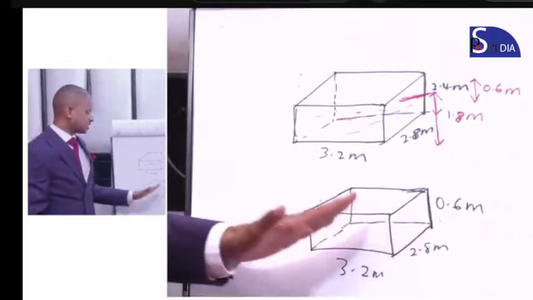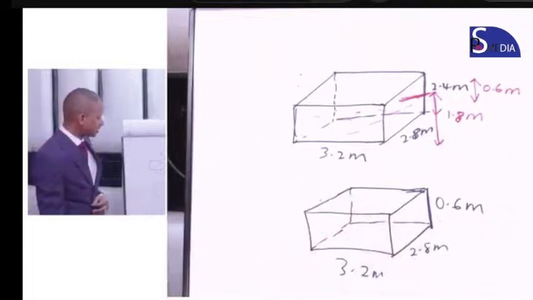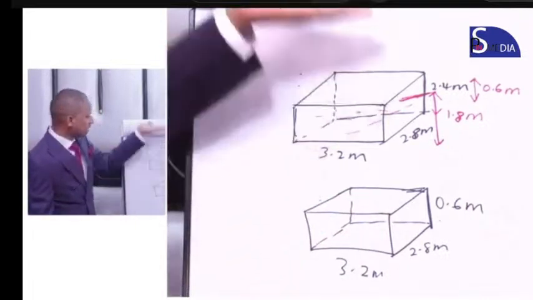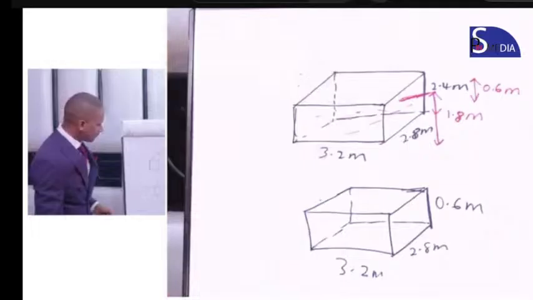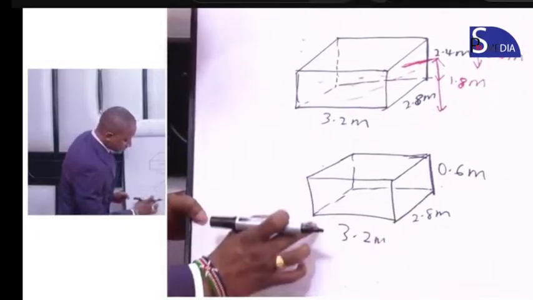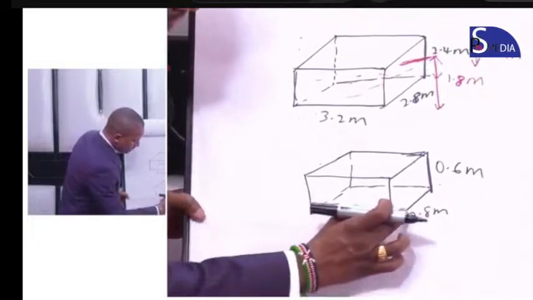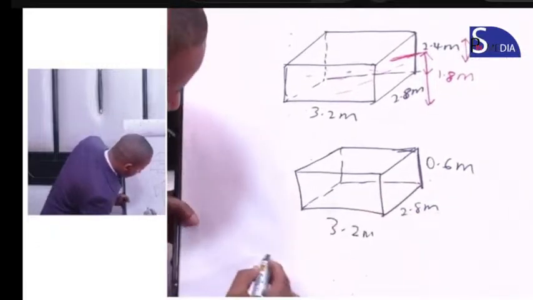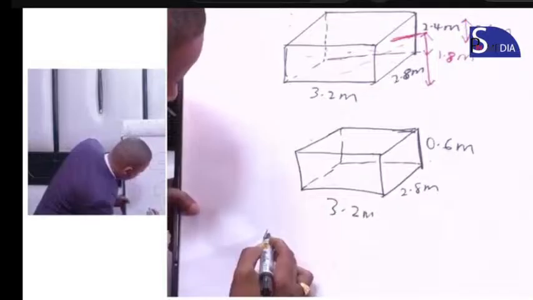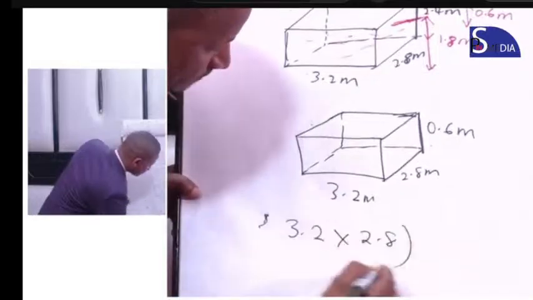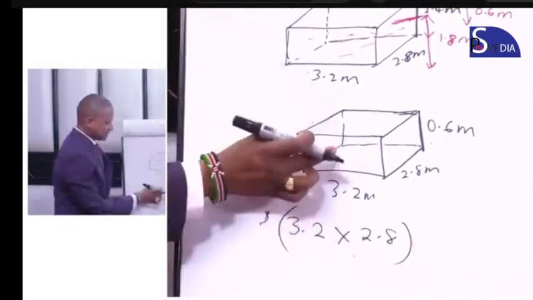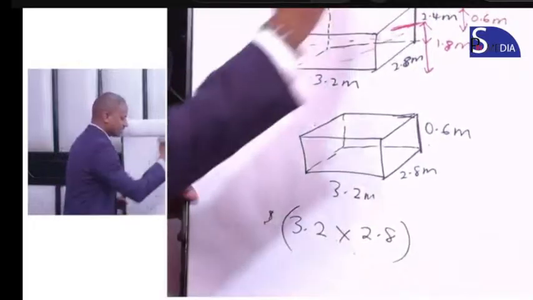So this is the new rectangular tank that is not in contact with water, the upper part. So it's simple. You get the area that is not in contact with water, which is 3.2 by 2.8, but it is times 2. It is this side and the other side.